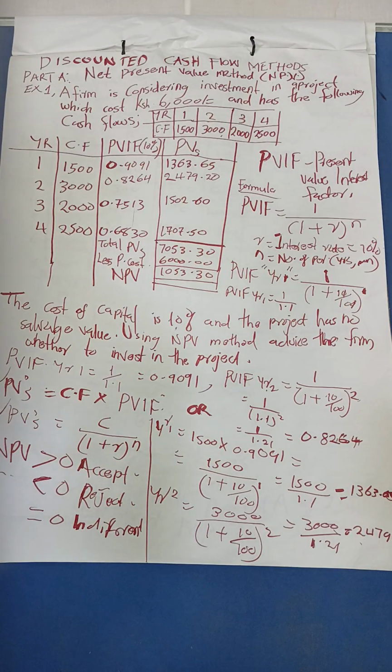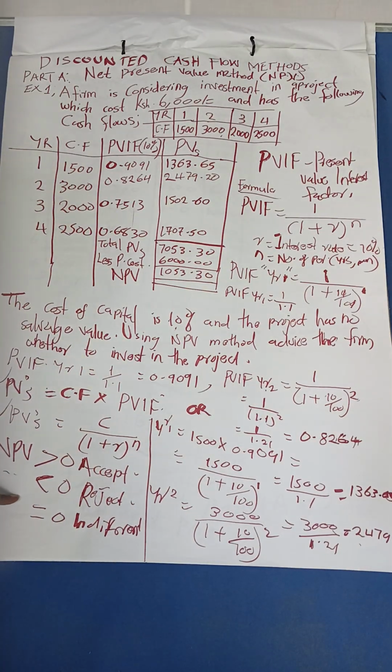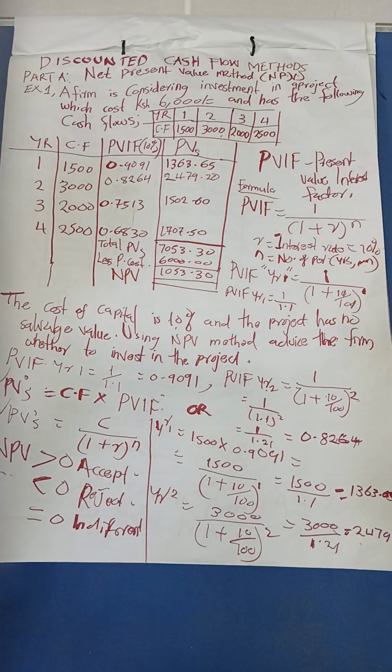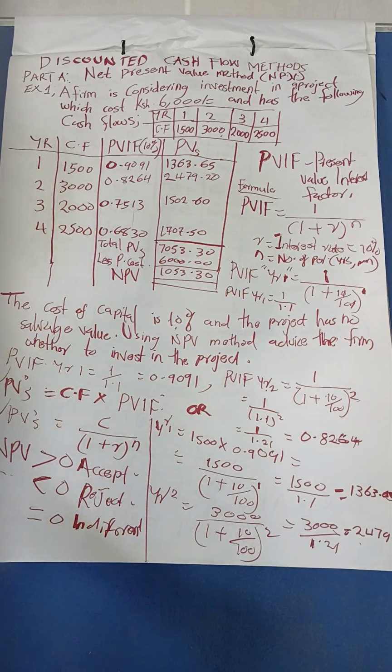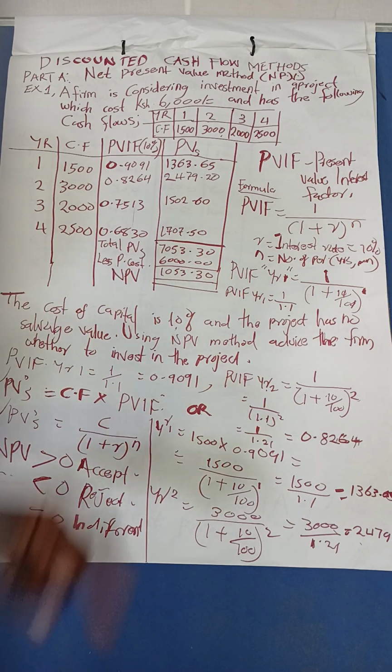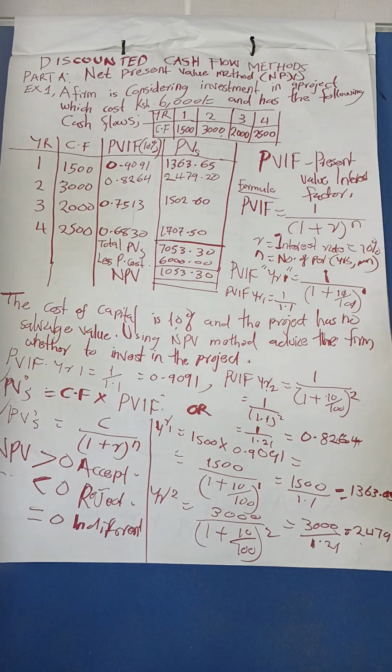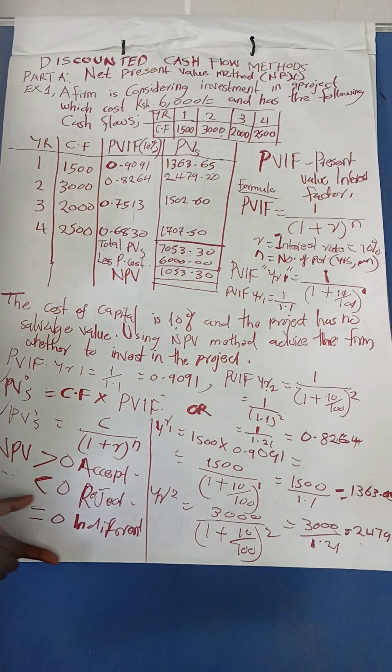So our next video is how to interpret when we get our answer as 0, NPV as 0. We'll approach that problem using the internal rate of return method, and see how we can get our answer to 0 and be able to interpret the project.